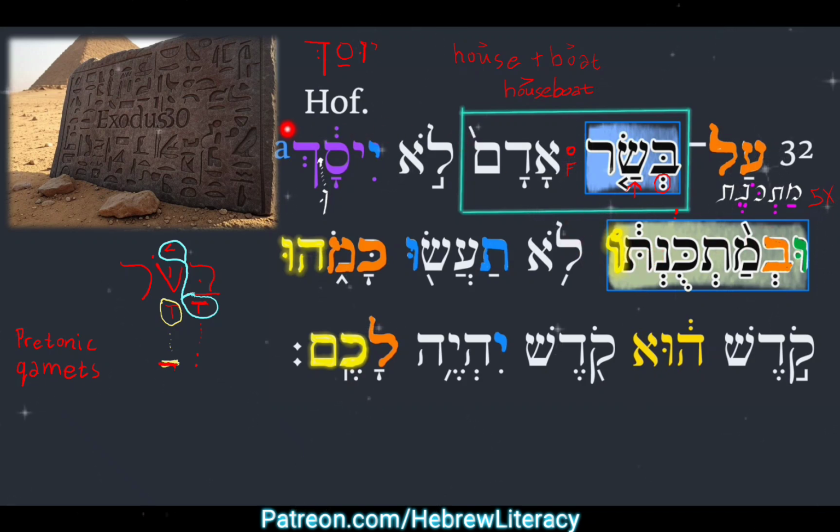So lo yiysakh, it shall not cause to be poured. Uvmatkhunto, nor by its measure, or and with its measure, lo, not, taasu, you shall not do or make.